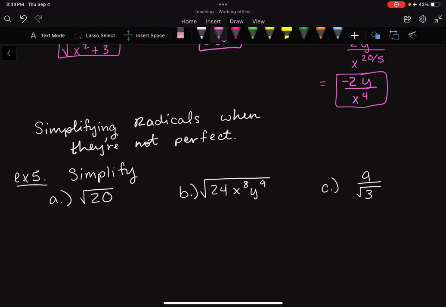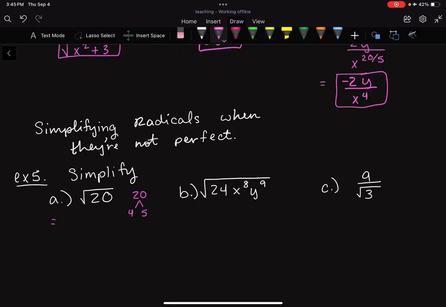All right, square root of 20. Can we break that number up at all to where we could get a perfect square out of it? So ideally, we would say, okay, 20 is equal to 4 and 5.